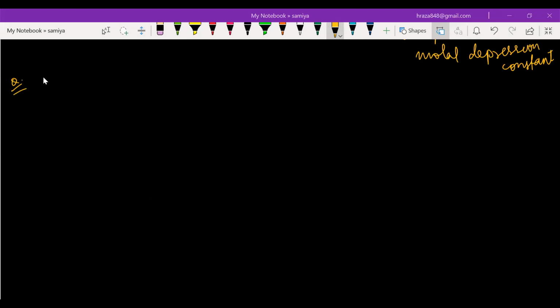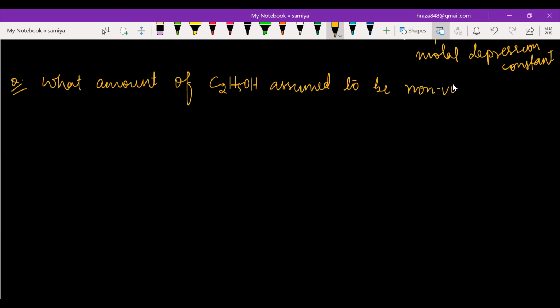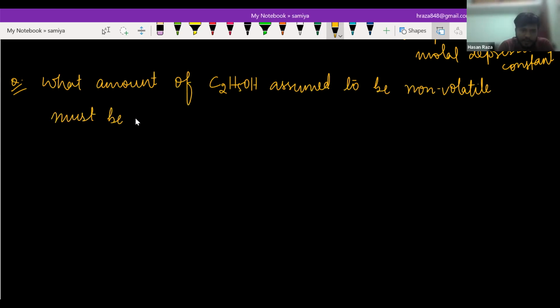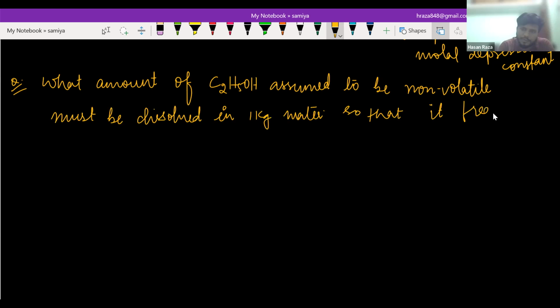Question is, what amount of C2H5OH, ethanol, assumed to be non-volatile, must be dissolved in 1 kg water, so that it freezes at -2 degrees centigrade.